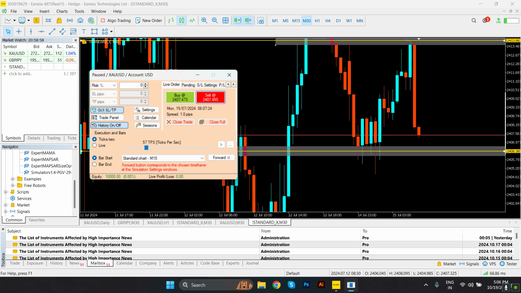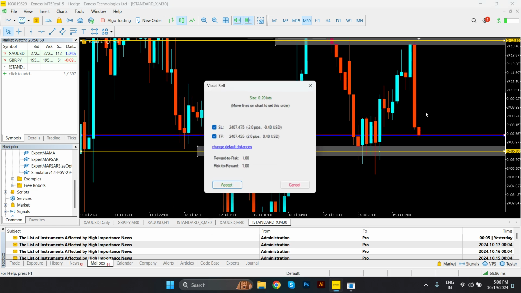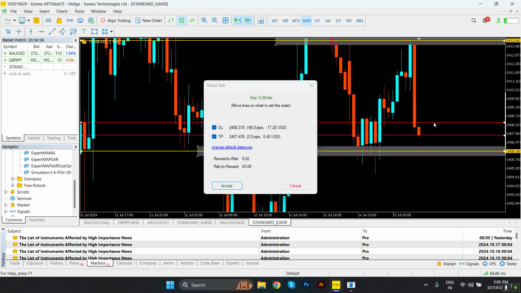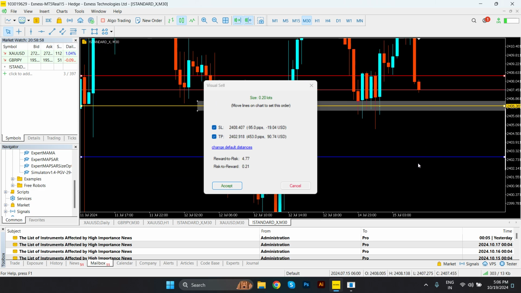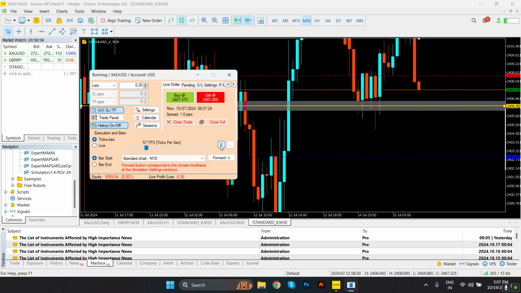Since this is a little risky, I would execute 0.2 lot with this on a $10,000 account. So let's see, our risk is not big. I'm risking like 20-some dollars.